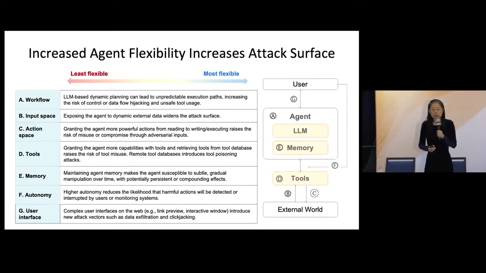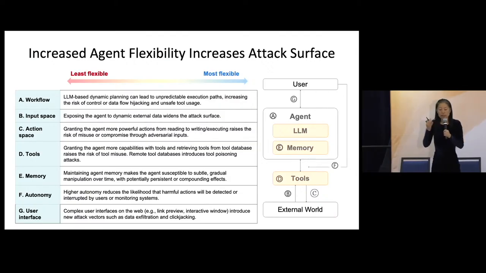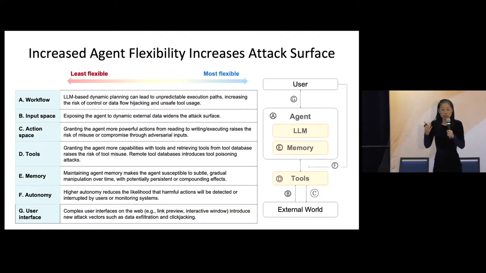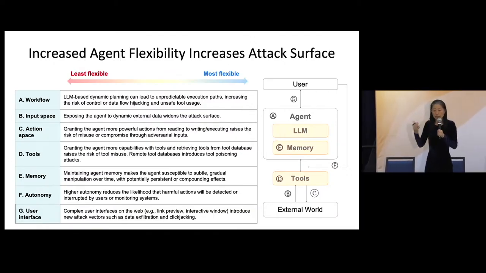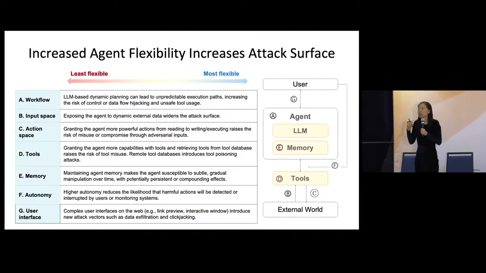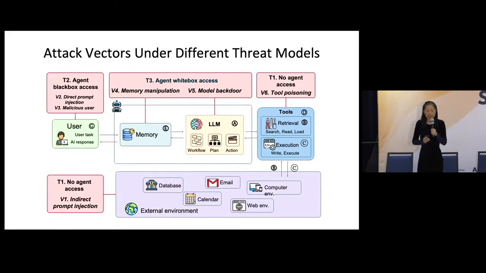And the one thing I want to note is that as we increase the agent flexibility, this will also, unfortunately, increase attack surfaces. As the agent can use more diverse tools, and they have full autonomy and so on, naturally this actually increases the risks for the agentic AI systems.